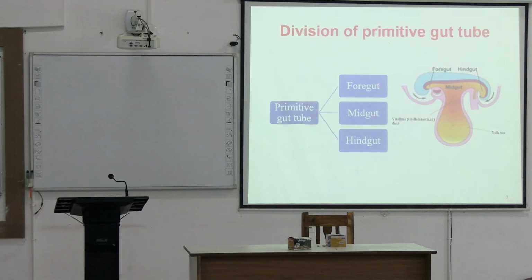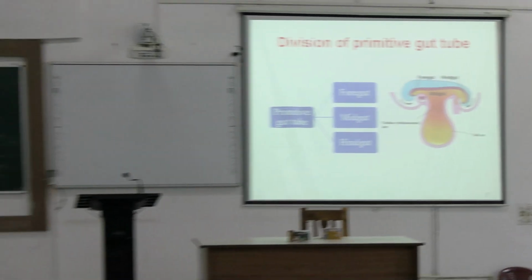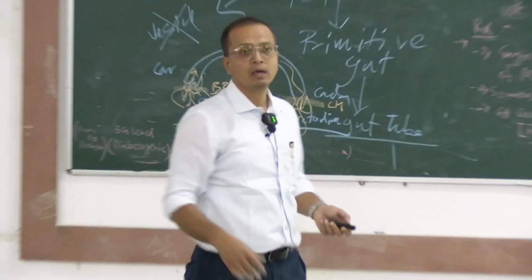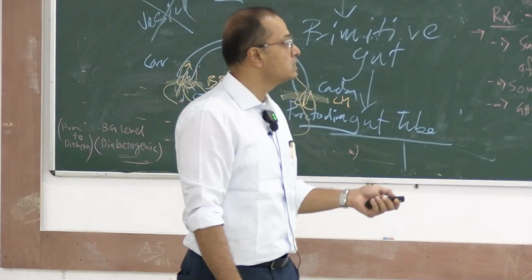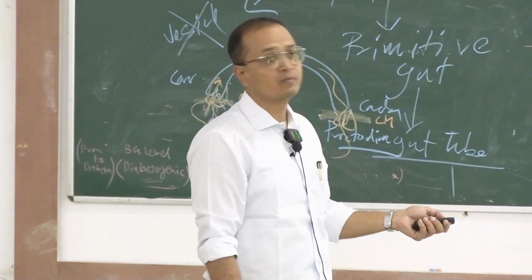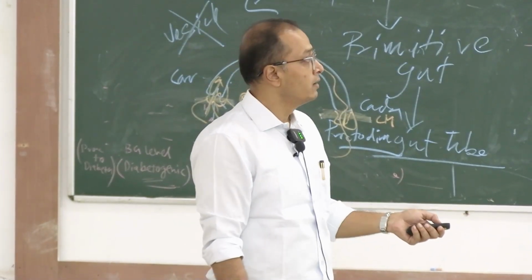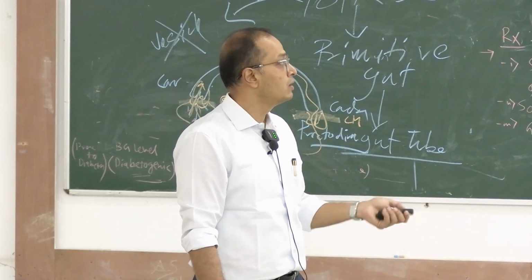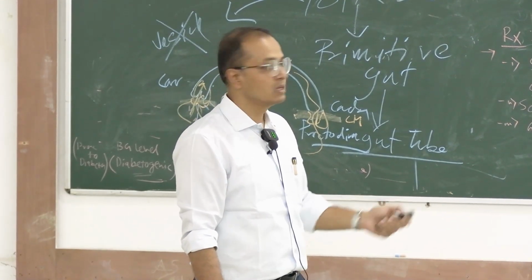Now, we have a tube which can be divided into three parts: foregut tube, midgut tube and hindgut tube. The midgut is the part communicated with the primitive Yolk sac through the Vitello-intestinal duct channel. In front of that we have the foregut, and behind it we have the hindgut tube. How have these formed?